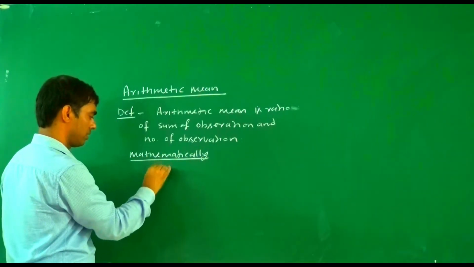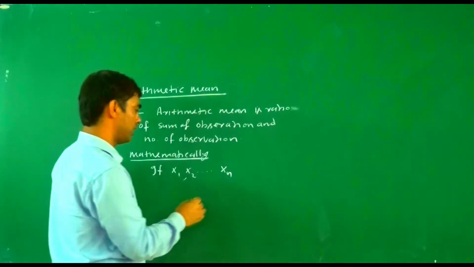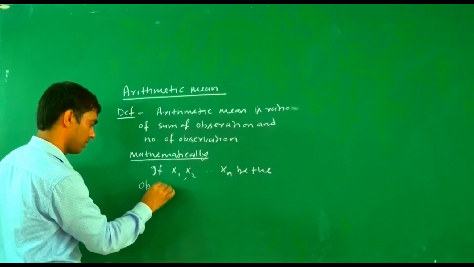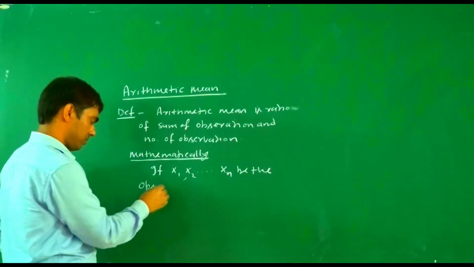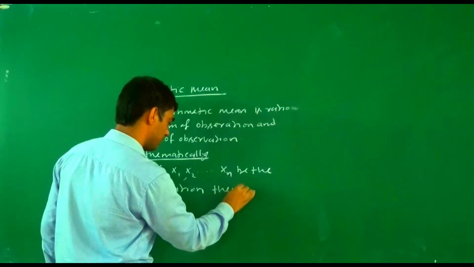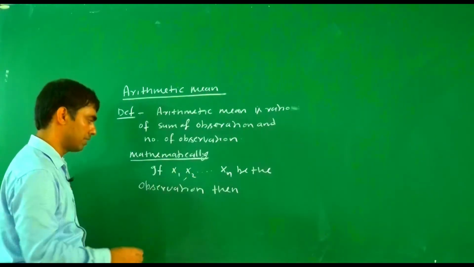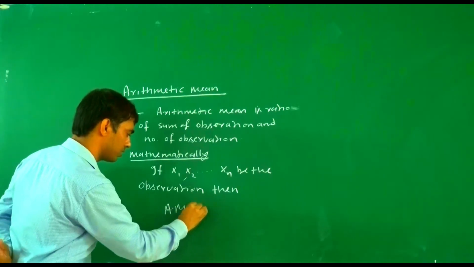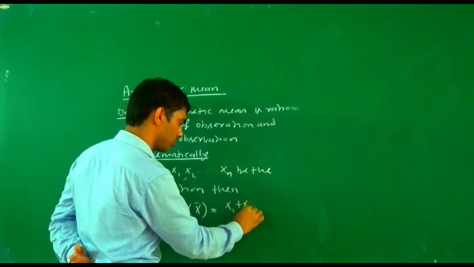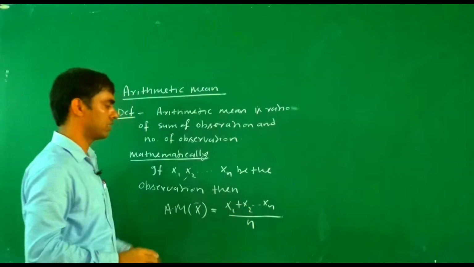Mathematically, if x1, x2 up to xn be the values of the observations, then the arithmetic mean, with the standard notation x bar, equals what? The sum of observations, x1 plus x2 up to xn, divided by the number of observations. The number of observations is n. So this one is the arithmetic mean.